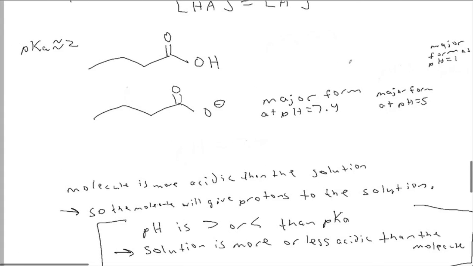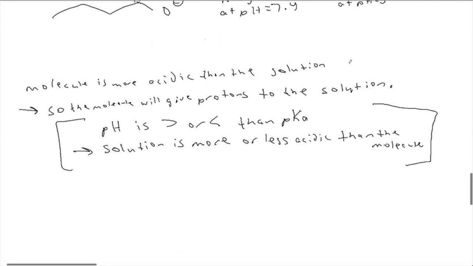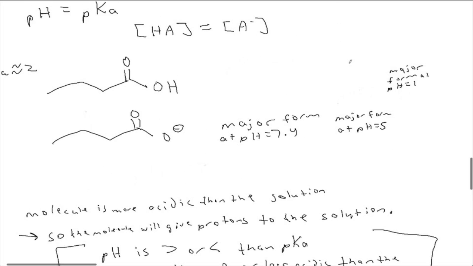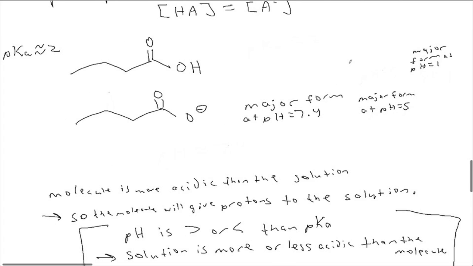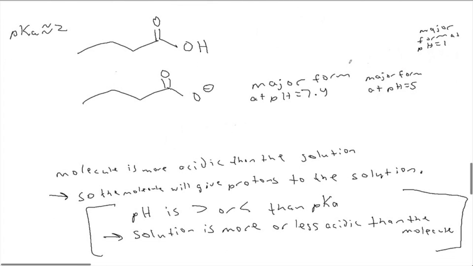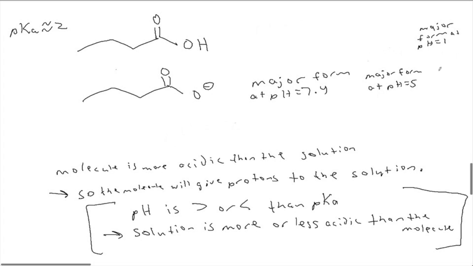Okay. Here you were trying to put into words what our reasoning was for these examples. So since the pH is bigger than the pKa, the solution is less acidic than the molecule. That's right.